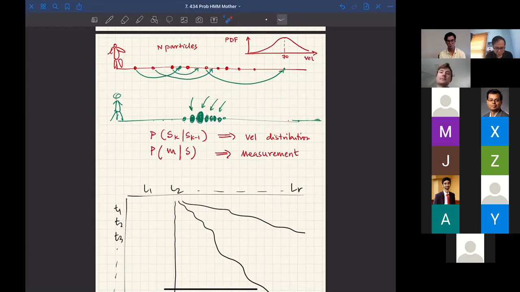What you do is you put 2 particles here, maybe 1 particle here, 1 particle here, and 1 particle here. But you put 2 particles here because that location, you have had more belief associated to it. So the killed particles get distributed in this region in proportion to the probabilities or the weights of the existing particles in that region. So that part is where it differs from beam search.